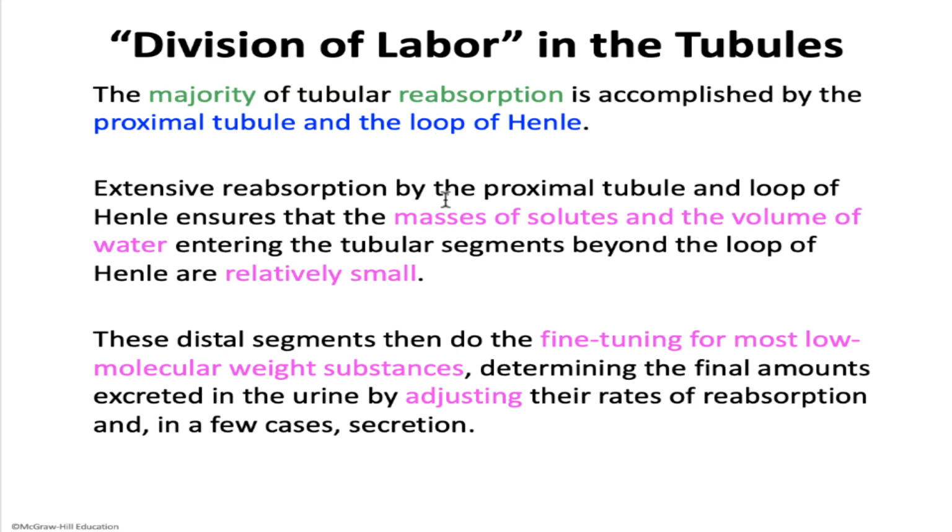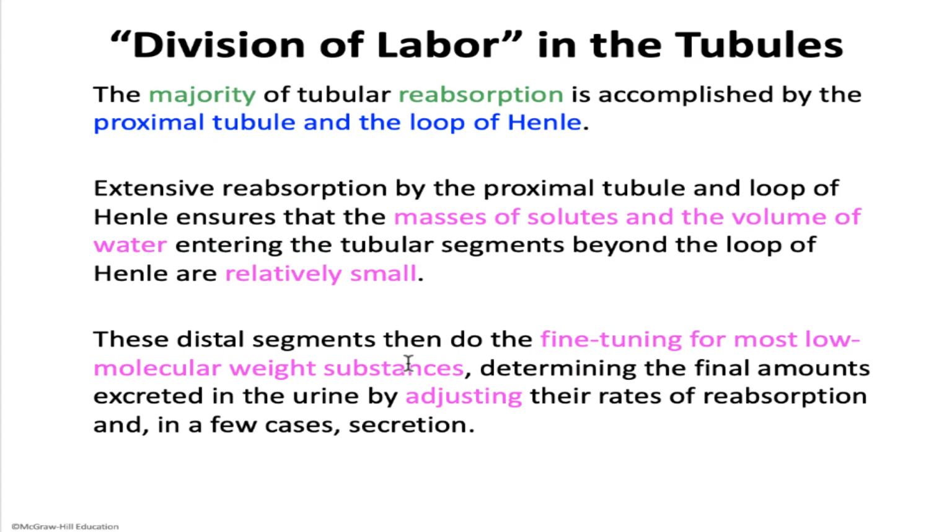Further along, in the proximal tubule and the loop of Henle, reabsorption can be extensive for certain solutes and for water. So here, water is recovered so that the amount of water left in the filtrate is relatively small. In the more distal parts of the tubule, that's when the fine-tuning takes place with the help of hormones and other types of substances.